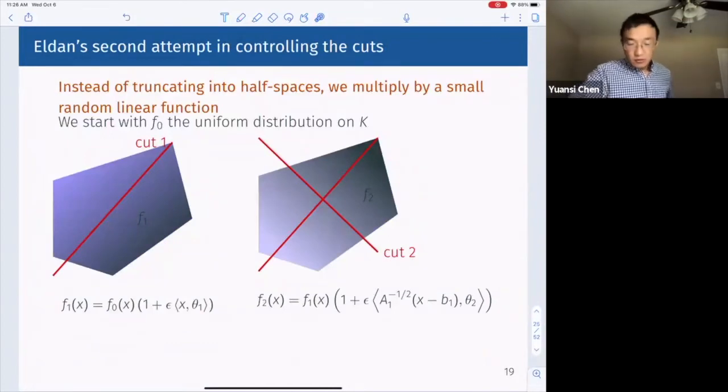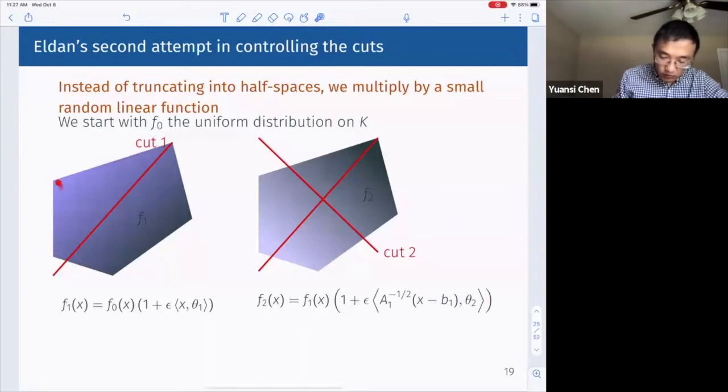His second attempt at controlling the cuts is that, instead of truncating into a half space, which is a really rough transformation, we can multiply by a small random linear function. What do I mean by that? I'm going to use color here. You start with a uniform distribution over K like this. The dark color means density increased and the light color means density decreased.